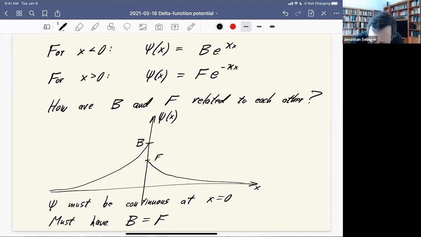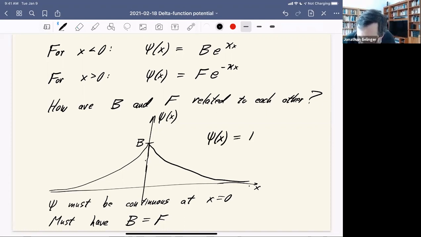So that means I could erase this. And the right way to draw it would be a function that looks like this. Okay, so that it's symmetrical between the two sides. Okay? And so in that case, we could write it on both sides as psi of x equals b times the exponential of minus kappa absolute value of x.